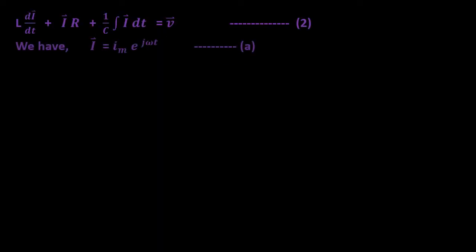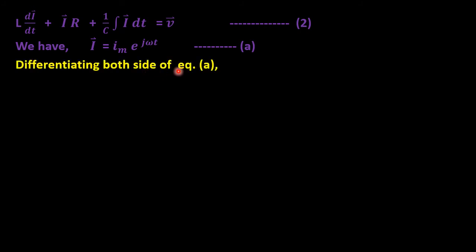Also we have written the expression for rotating vector I, which is Im e to the power j omega t. Let this be equation number A. Now in order to replace di by dt in equation number 2, we need to differentiate equation A both sides with respect to time.